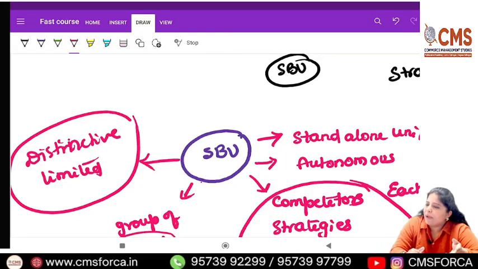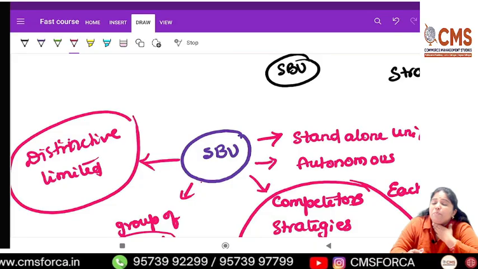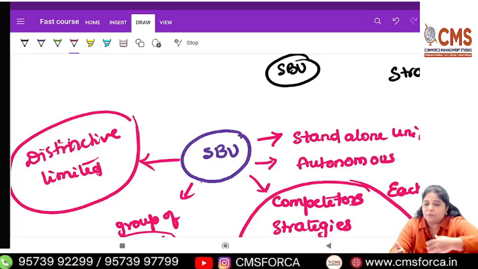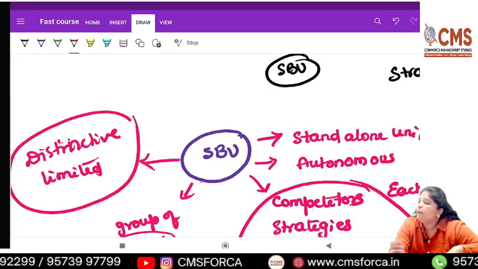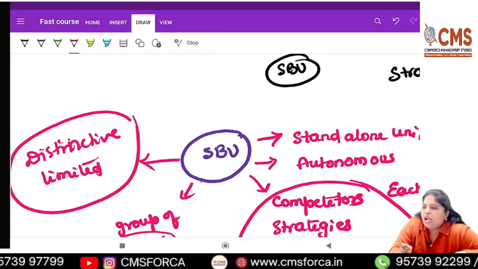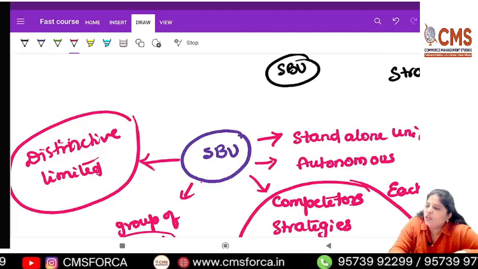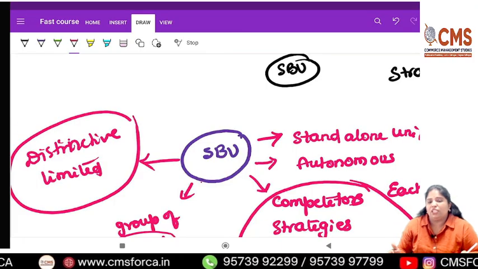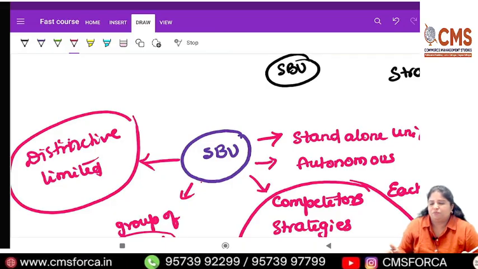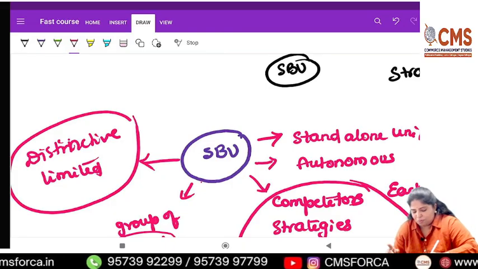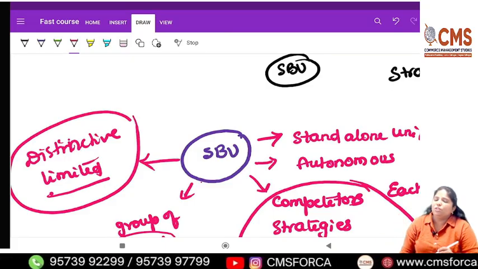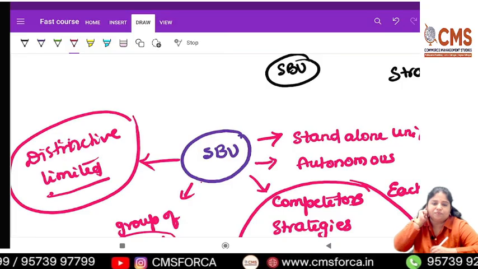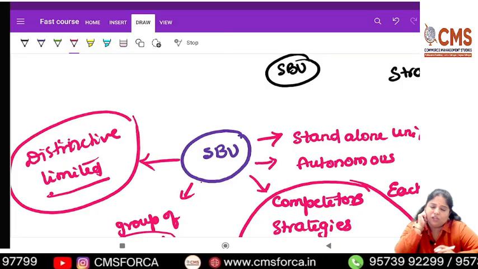We can have a comparative analysis and make sure that whichever SBUs are performing poorly, we can motivate them and make sure they perform well. SBUs can be well monitored and proper planning can be made because we are restricting ourselves to one SBU. But the only thing we have to remember is to keep your SBUs always limited and distinct. Are we good till here?